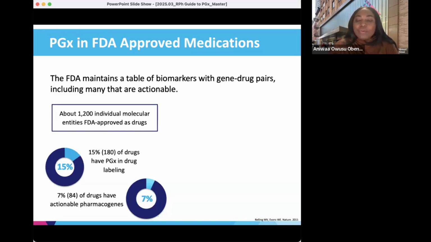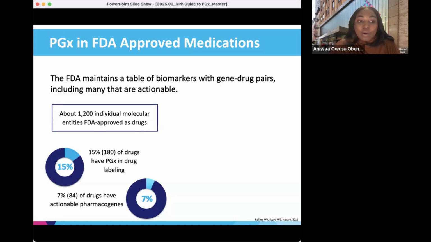Out of those 84 medications, which, like I mentioned, is a conservative number based on current evidence, those are the ones that have actionable pharmacogenetics, meaning that if you knew the genetics of the patient, you would do something different about that.